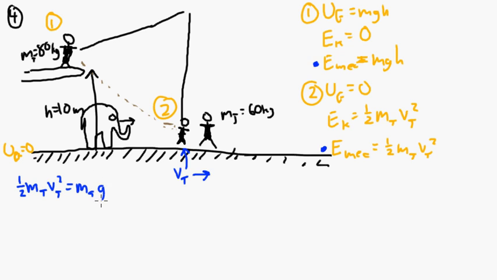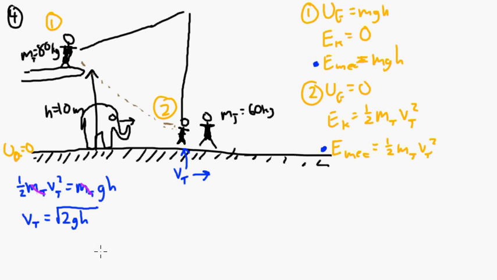So Tarzan's speed is going to be the square root. We bring the 2 over and cancel the m's. Sorry, I'm taking several steps here at once. Then vT is going to be the square root of 2 times g times h.